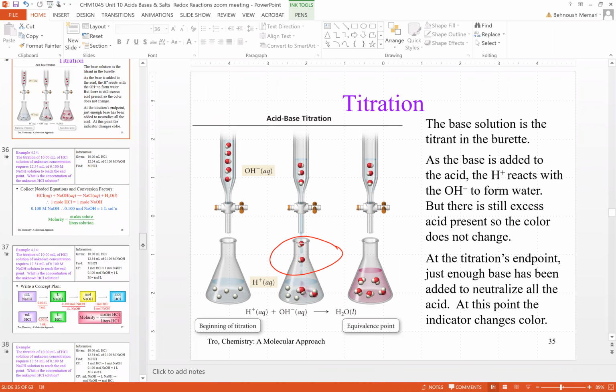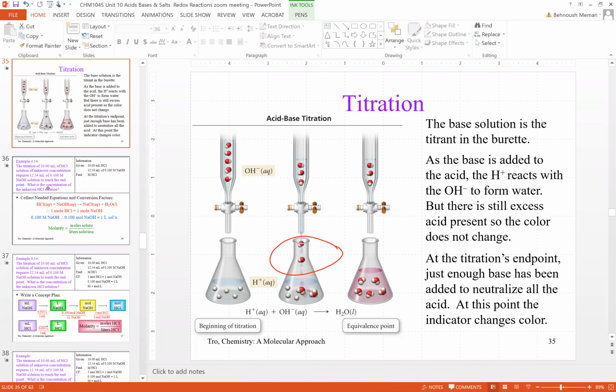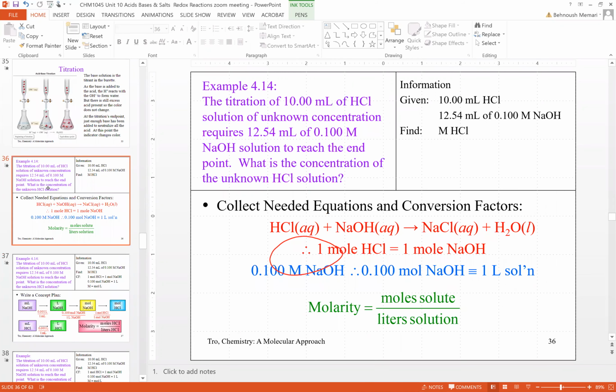Titration can be used to determine concentration. So let's follow along with this example. It says titration of 10 milliliters of HCl solution of unknown concentration. We know it's HCl and we're using 10 milliliters, but since we don't have the concentration, that would be our unknown.